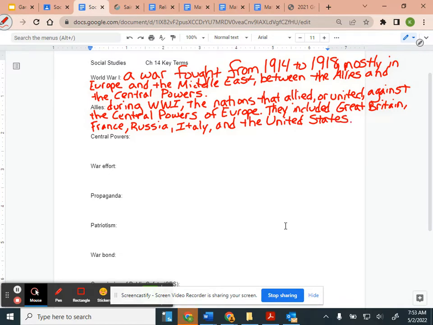Now remember, this is over 100 years ago, so a lot has changed in that time period. So back over 100 years ago, it was Great Britain, France, Russia, Italy, and the United States that all fought together.